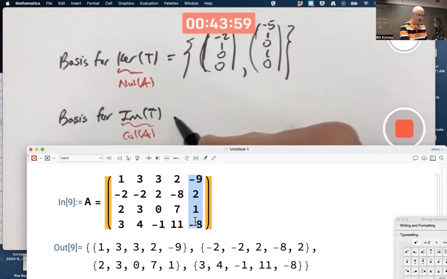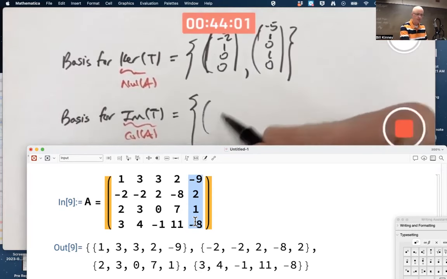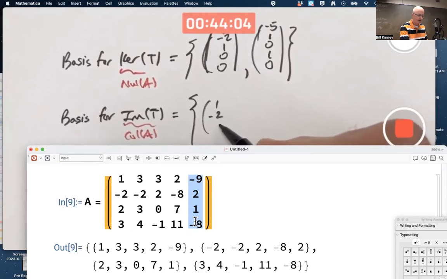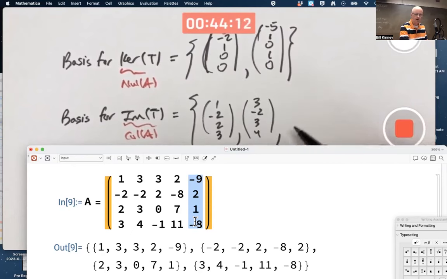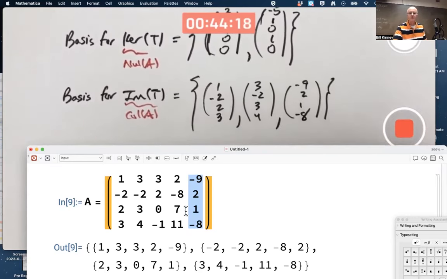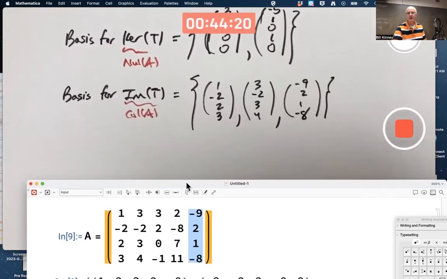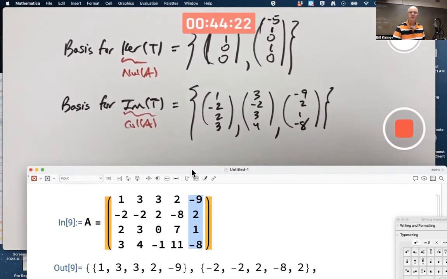So I use those 3 columns, 3 4-dimensional vectors. There's the first column. Here's the second column. And here's the fifth column.